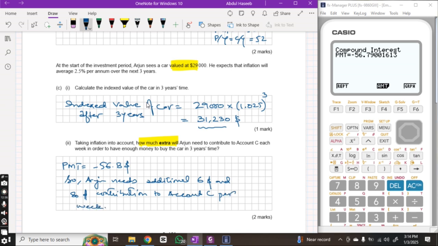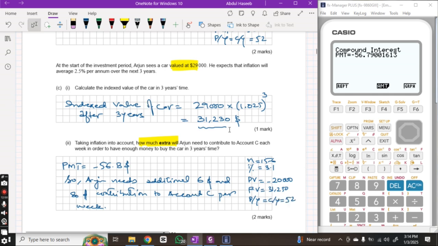Also, we should mention the inputs to our calculator. N was again 156, percentage I 3.1, PV was minus $20,000, FV was 31,230, and PY and CY were 52.